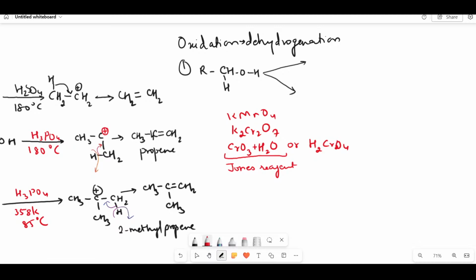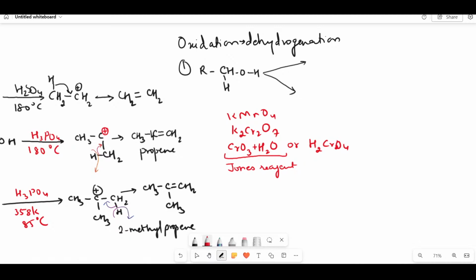We can also use anhydrous chromium anhydride, but the reaction will not go further till carboxylic acid. It will behave as a mild oxidizing agent. So these are all strong oxidizing agents, and either of them we can use.